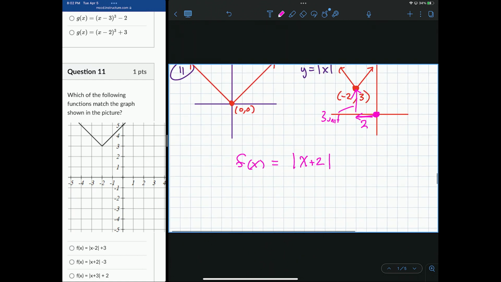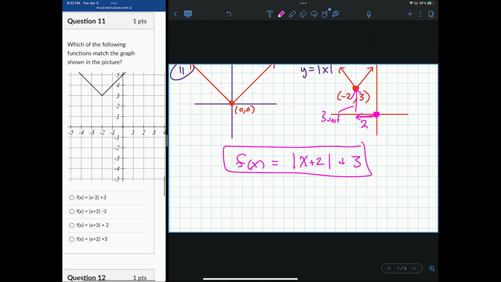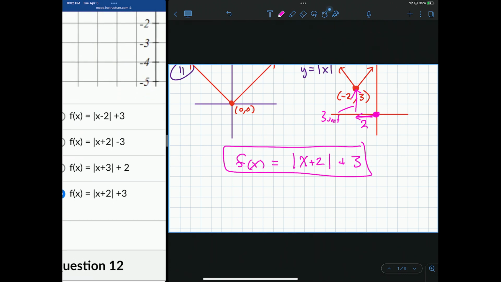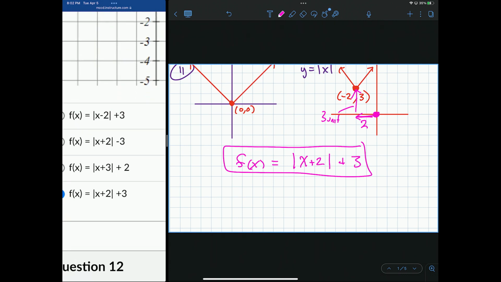X plus 2 will be to the left. So we have x plus 2, we'll move it 2 to the left. And then up 3 will just be a +3. So we just look for this function on our list. And it is the last option. Again, be careful, look at the signs, right? You have to look at the signs and also where the 2 and the 3 are. They can be reversed.